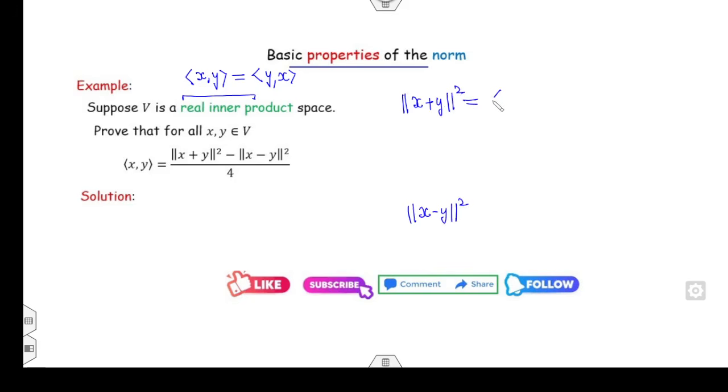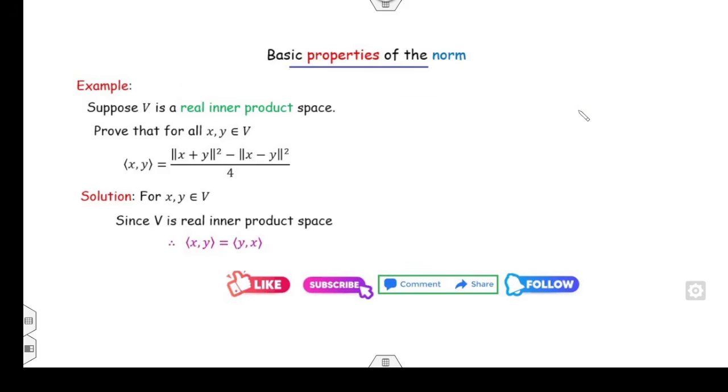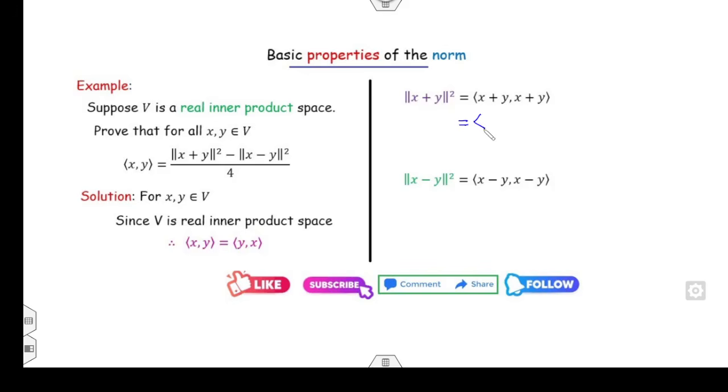I can write by the definition in terms of the inner product x plus y, x minus y, and this value will be x minus y, sorry, x plus y, and the second value will be x minus y. Can you open this bracket? x and x, fine, plus x and y plus y and x plus y and y.